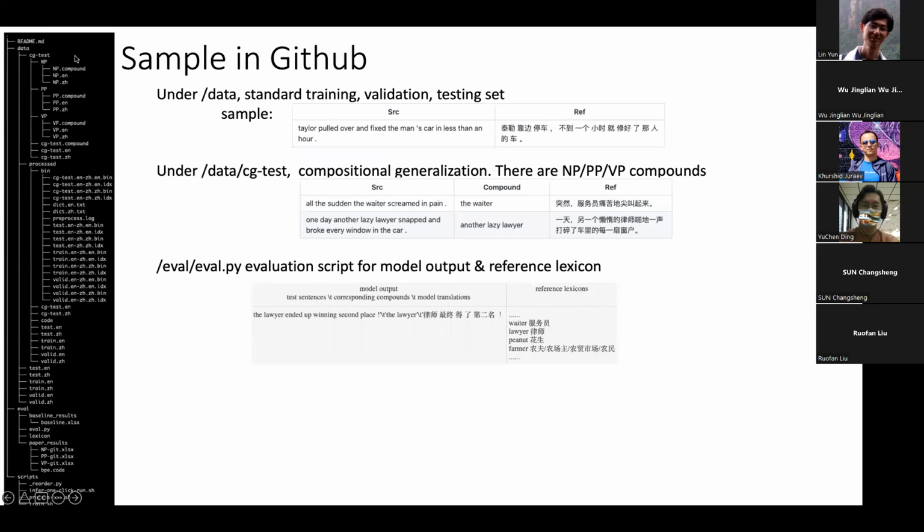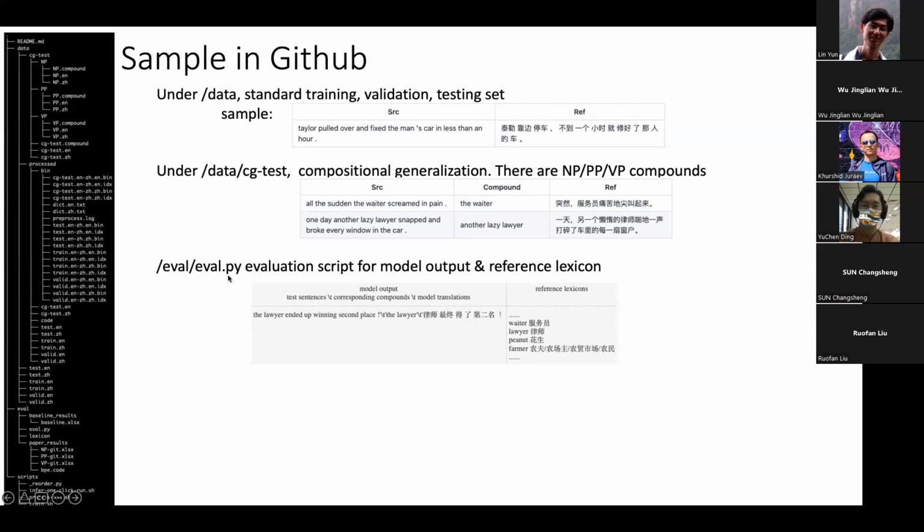So I went to their GitHub page and it's very straightforward. Under the data, they have the standard three sets. This is the source, this is the reference. And under their data CG test, that's the novel composition. And they have norm, verb and preposition. For here, you have the compound in the source, and you have a compound in the reference.